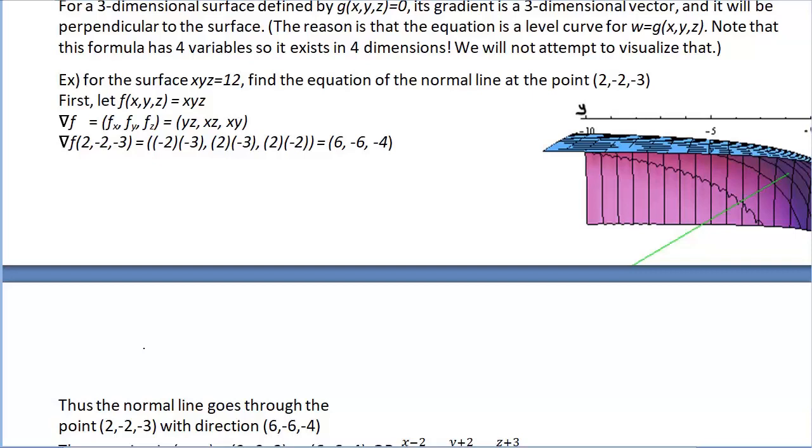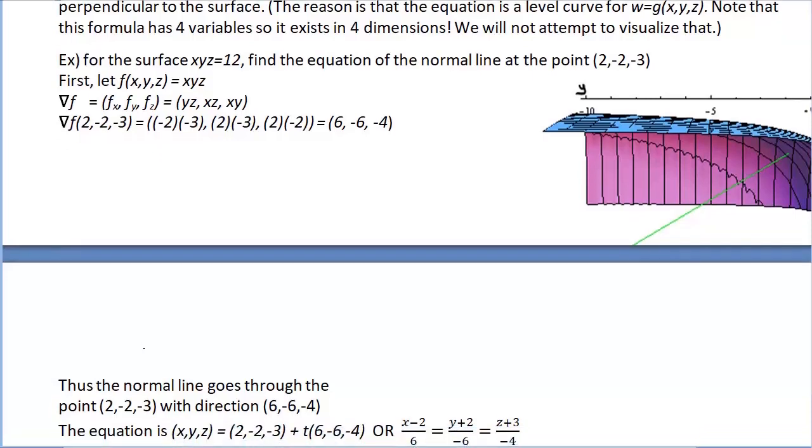Now we can combine that into the equation of a line. Writing it the usual way, (x, y, z) equals (2, -2, -3) plus our parameter t times (6, -6, -4), or we can write it using the symmetric form.